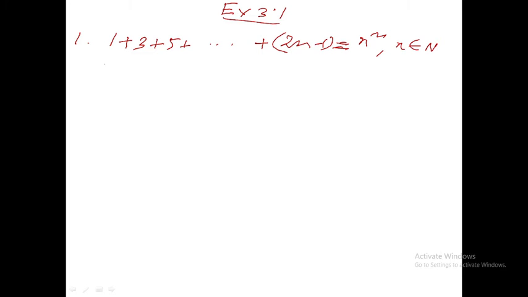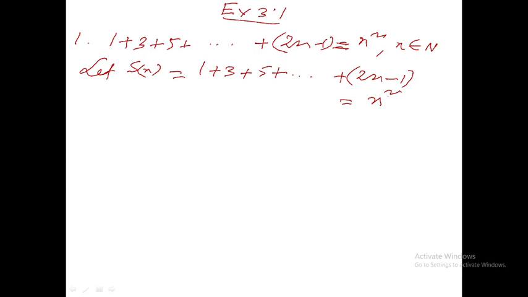So let Sn equal 1 plus 3 plus 5 plus dot dot dot plus (2n minus 1) equals n square.